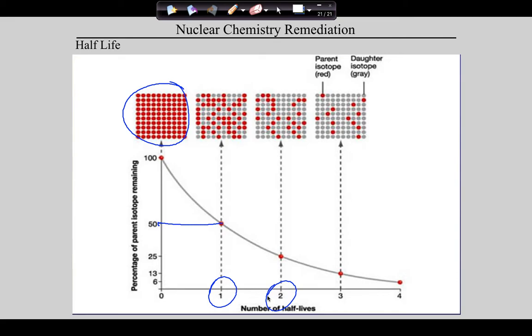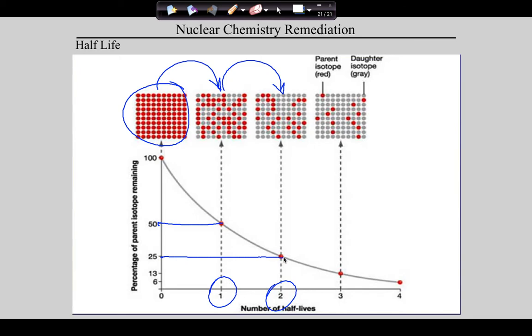So after 2 half-lives, we will cut the 100 in half twice. So after 1 half-life, we've got 50 left. After a second half-life, we now have 50 divided by half, which leaves us with 25%.